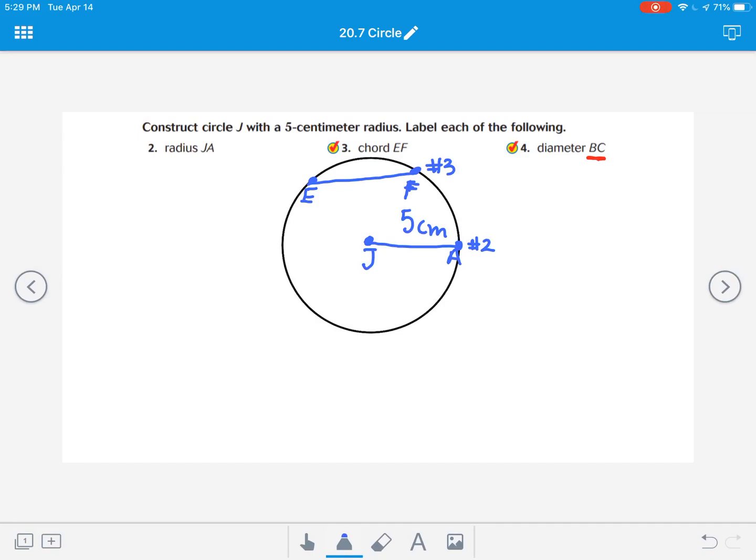I think I'll do it diagonally like this. As long as it goes straight across the circle and the endpoints are on the outside edge of the circle, then we're fine. We need to label it BC, like number 4 says, and this is number 4. The diameter stretches across. It's a chord that goes across the center of the circle.